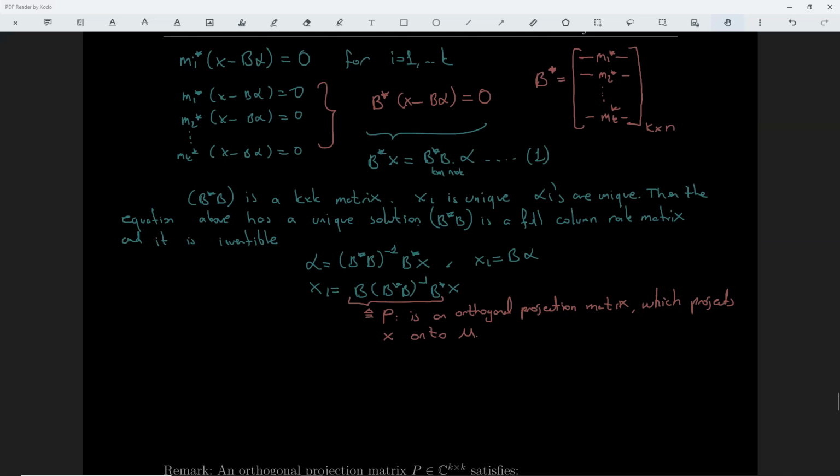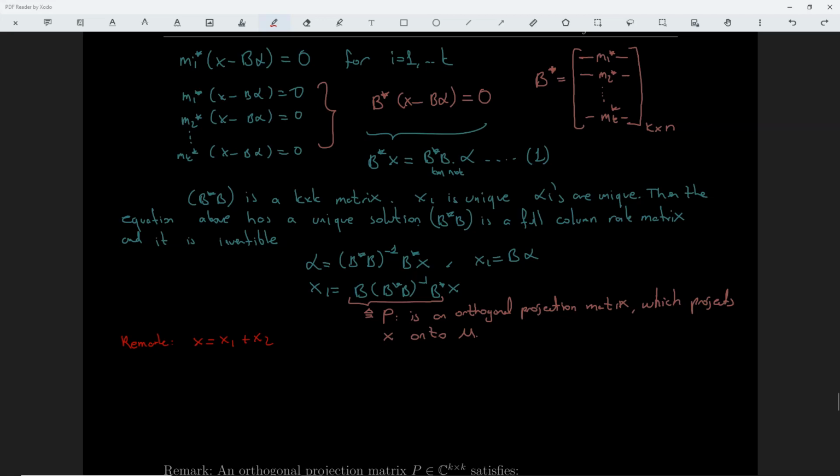So I would like to also give you one more remark. So we said that x can be decomposed into the subspace and its orthogonal complement like that.